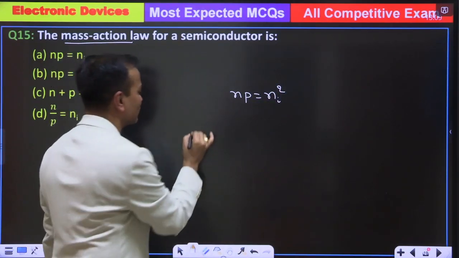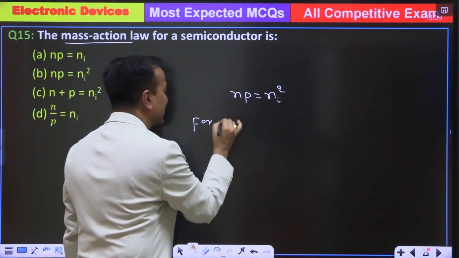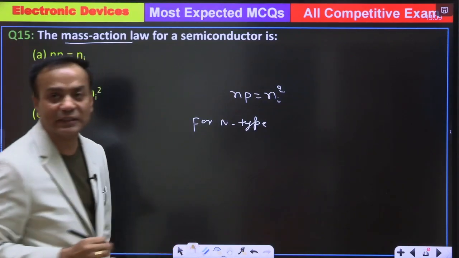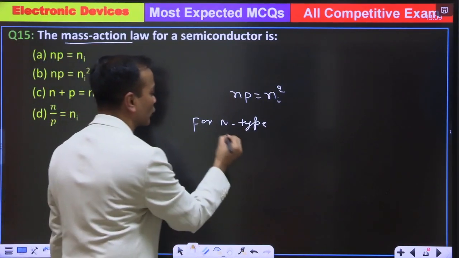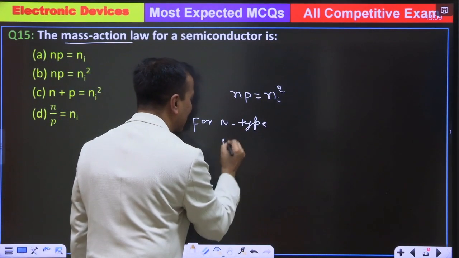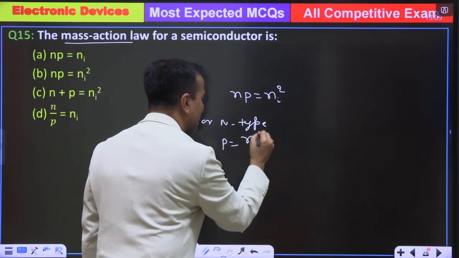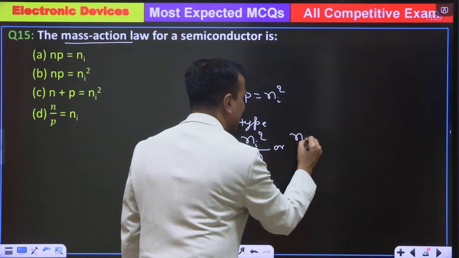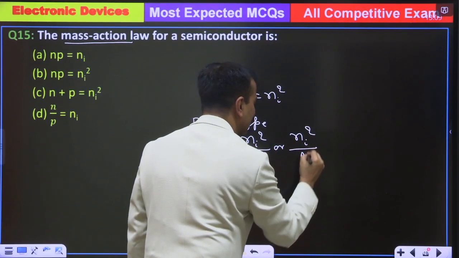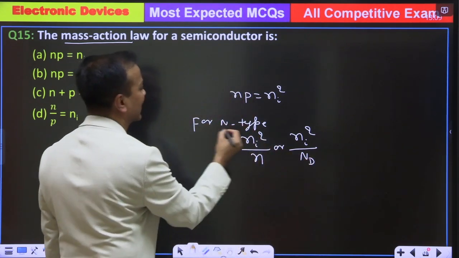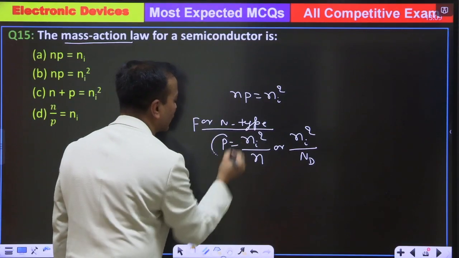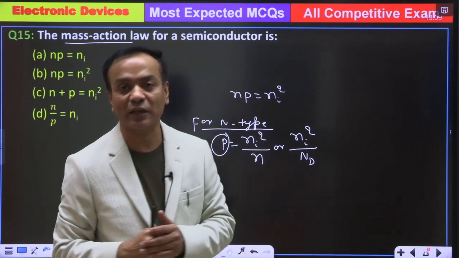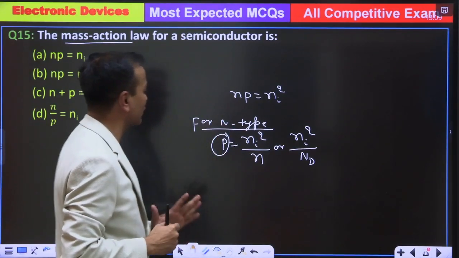Let's say for an N type extrinsic semiconductor, what is the minority charge carrier? That will be the hole. So it can be obtained here: p = ni square divided by n, or simply ni square divided by Nd. In an N type semiconductor, the hole is called the minority charge carrier. To obtain that minority charge carrier concentration, we use this mass action law.